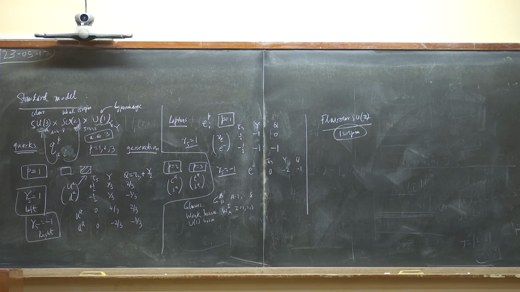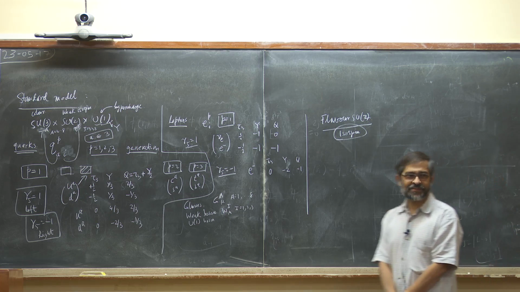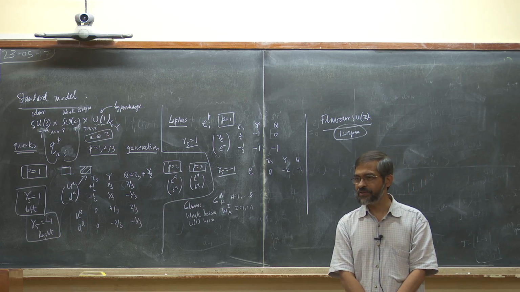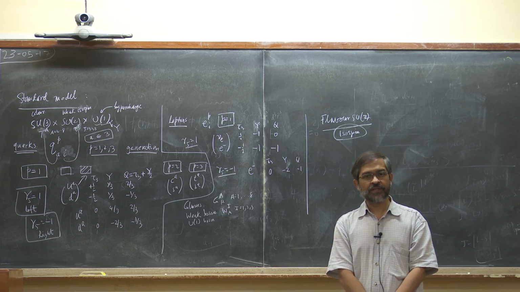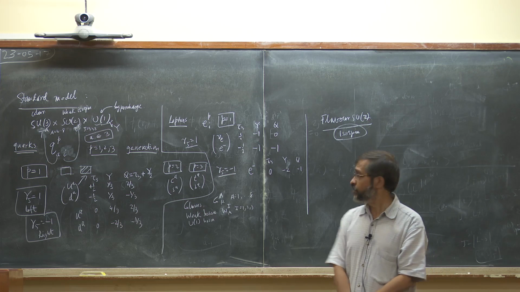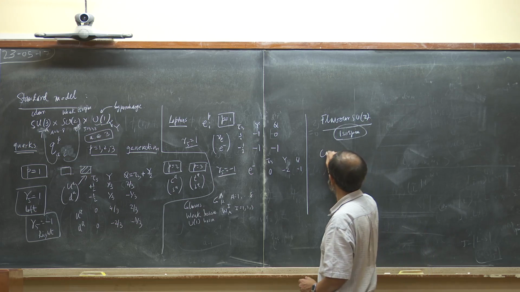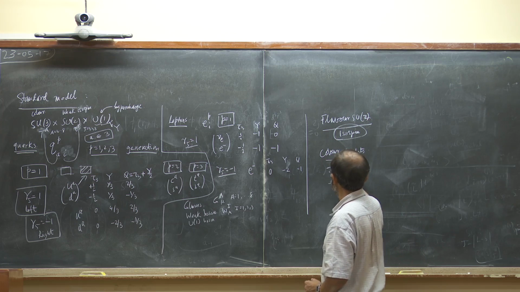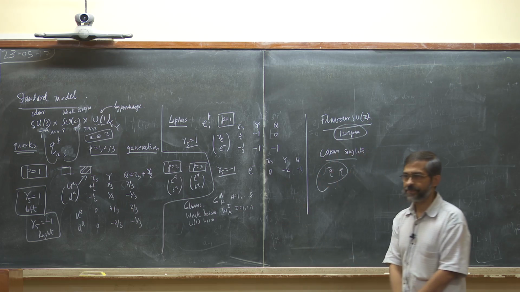So that's a simpler exercise; we'll leave it at the moment. q bar q has a 3 bar and a 3. We are discussing how to construct color singlets, and one possibility is a q bar q kind of object.